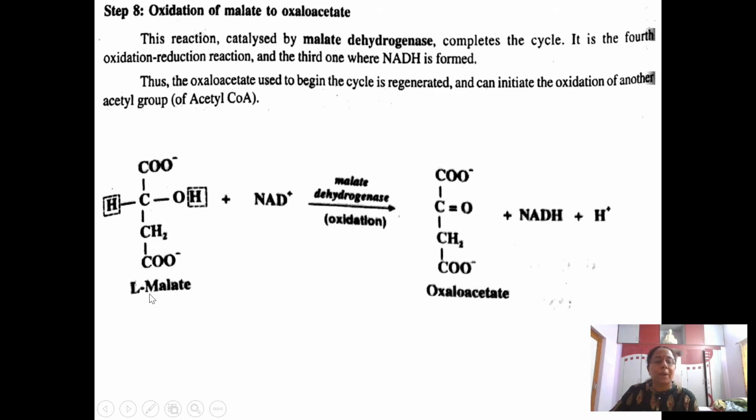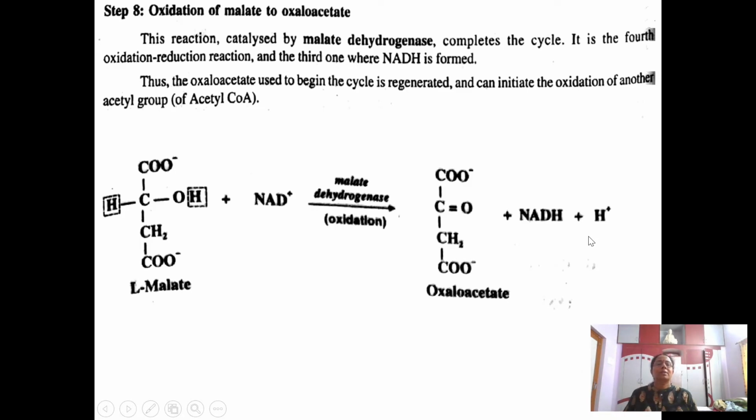So you have got L-malate. This is an OH group, secondary OH. Upon oxidation, what you get? It converts to a keto group. And what you got? Oxaloacetate. And once the oxidation is taking place, what should happen to NAD+? NAD+ should get reduced to NADH and H+.